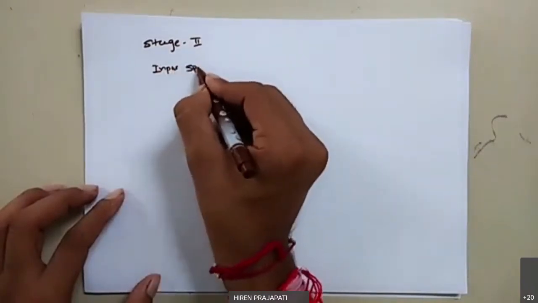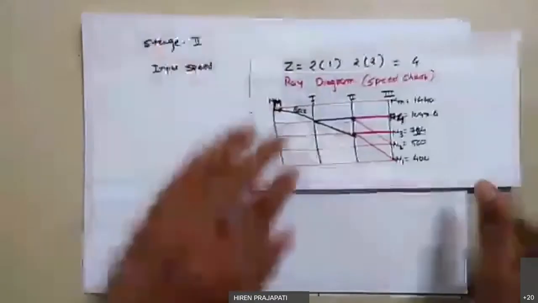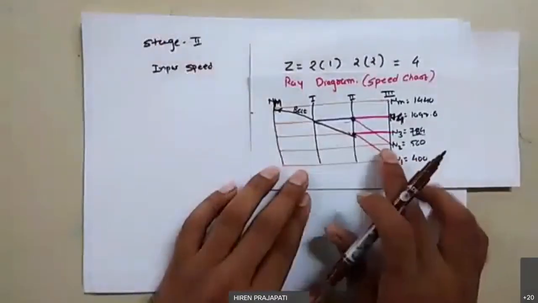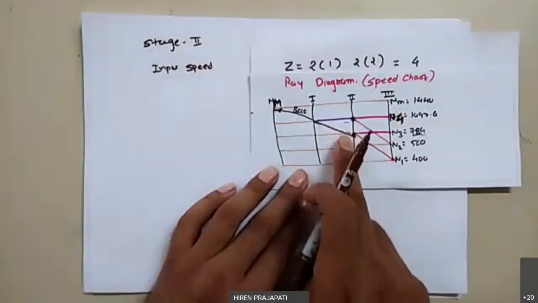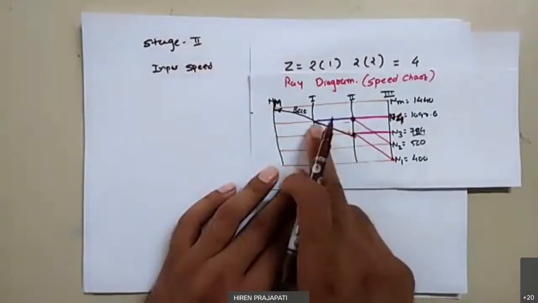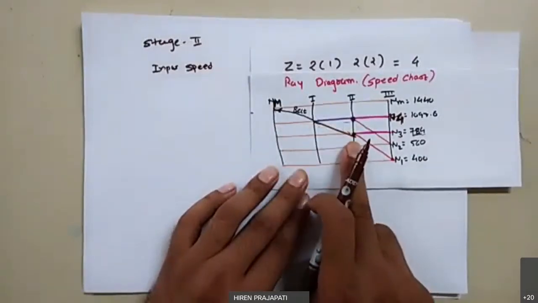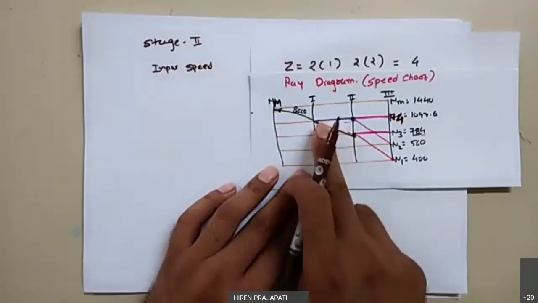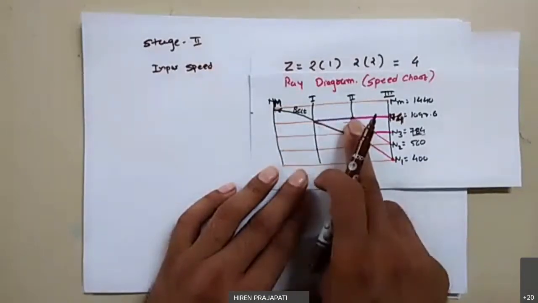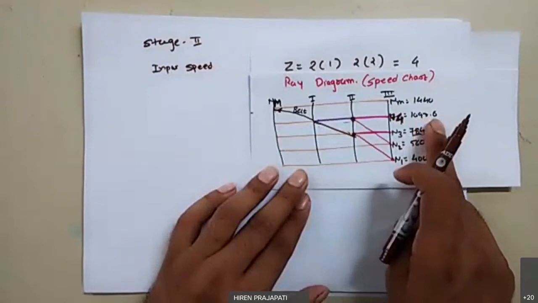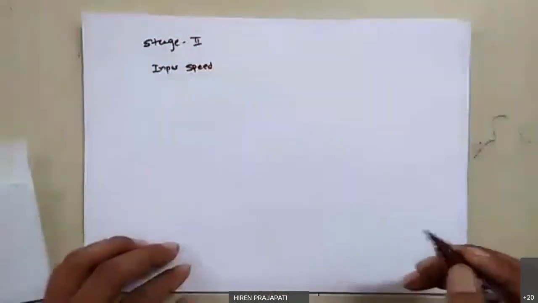If we see the ray diagram here, then for stage 2, there are two possible input speeds. If you go for the A to A dash combination, then 784 is the input speed. If you go to the B to B dash gear combination, then we get 1097.6 as the input speed, right? So two possibilities are there.